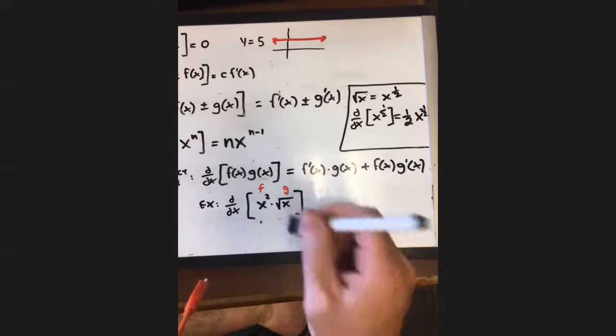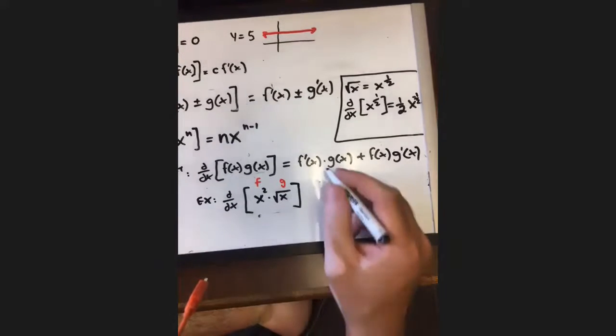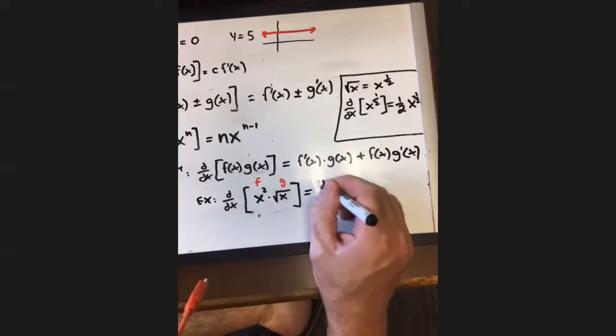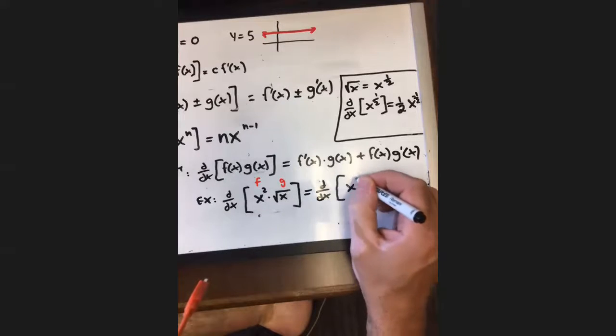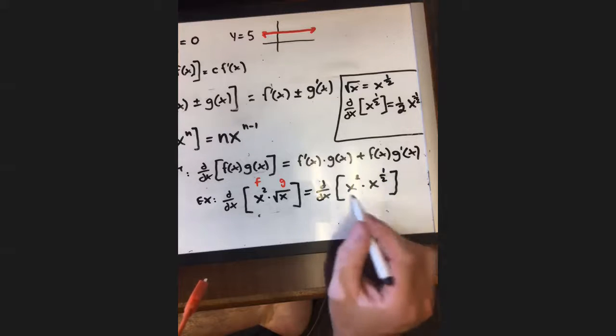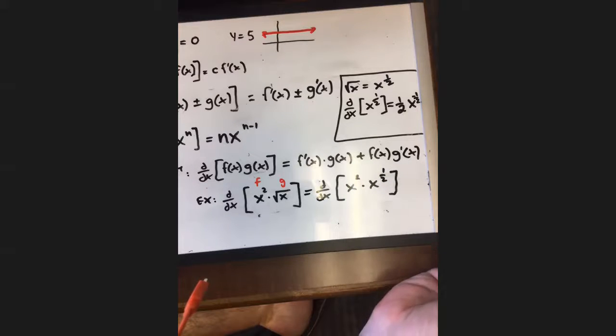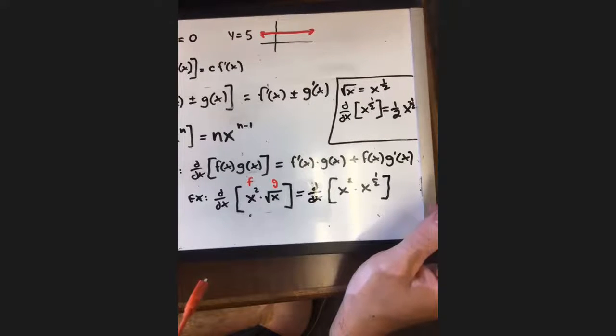So it's true that the square root of x is just the same as x to the 1/2 power. So really what I'm asking you to do in this problem is take the derivative of x squared times x to the 1/2. Now there's no reason why you can't combine these terms before you take the derivative. And in fact, that'll make our life easier, because if we do that, we'll no longer have a product.